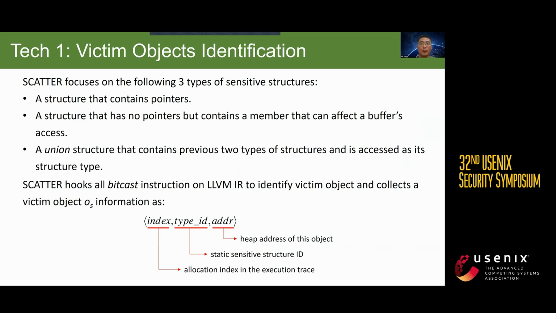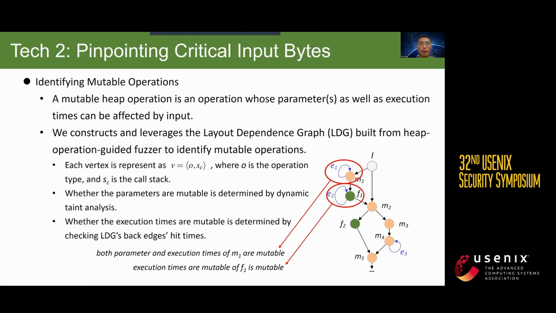The victim object information is defined as a 3-tuple, which contains the allocation index, sensitive ID, and the runtime allocation address.